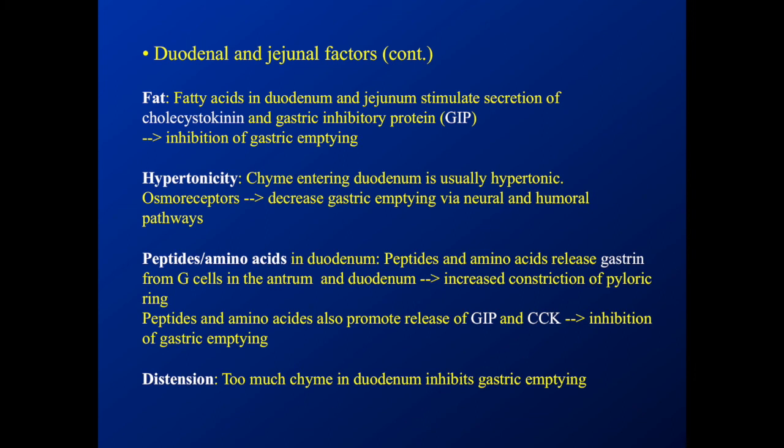The peptides and amino acids can also promote the release of GIP and cholecystokinin, and this, as we've seen, inhibits antral contractions, and this will inhibit gastric emptying as well. And finally, distension. When you have a food bolus or a chyme bolus in the duodenum, the GI tract senses that, and this will then intrinsically inhibit gastric emptying.